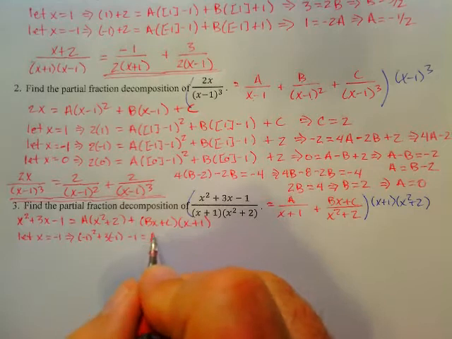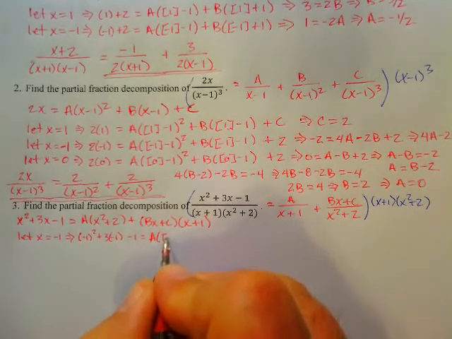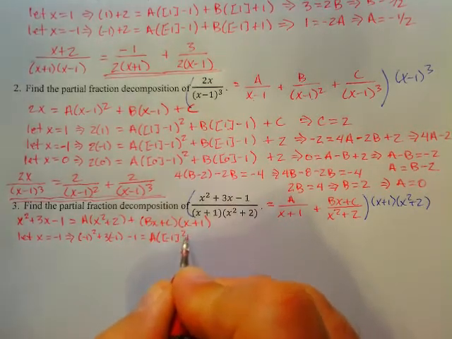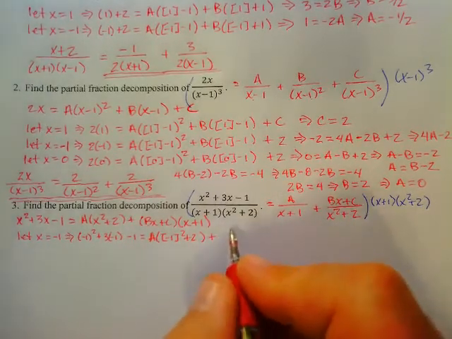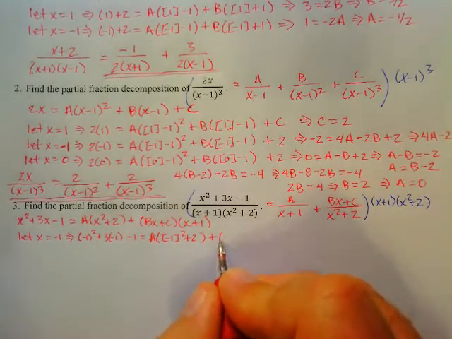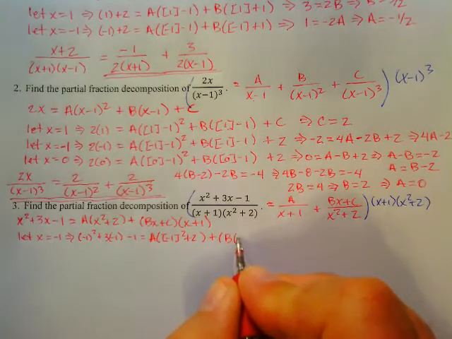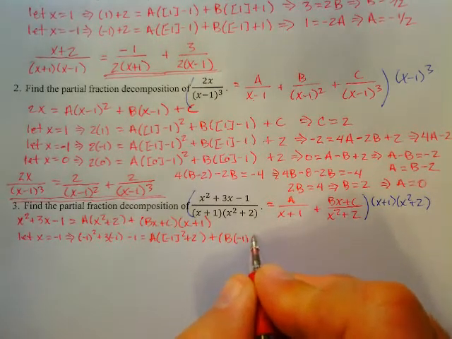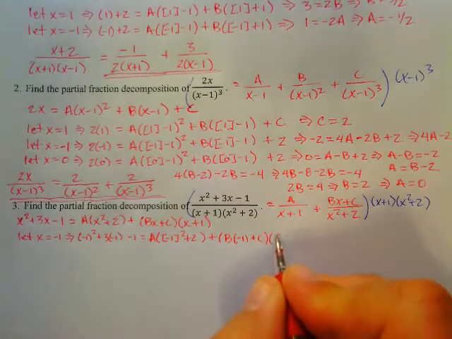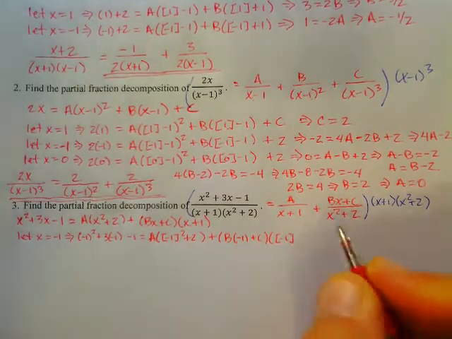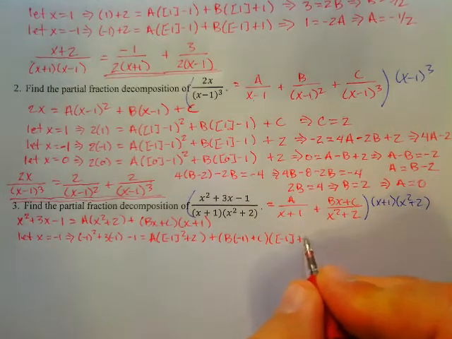That's going to equal a times -1 squared plus 2 plus b times -1 plus c, and then we have our -1 plus 1.